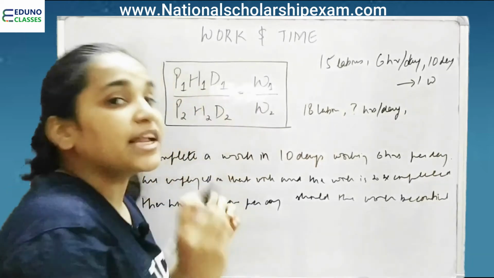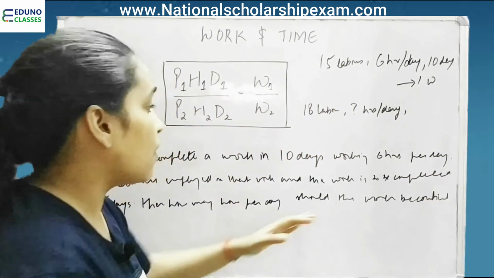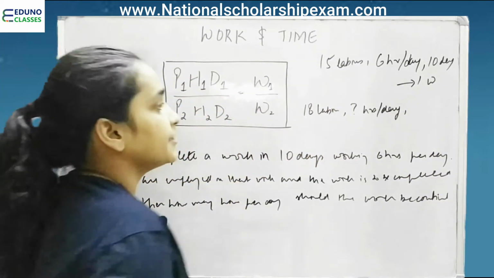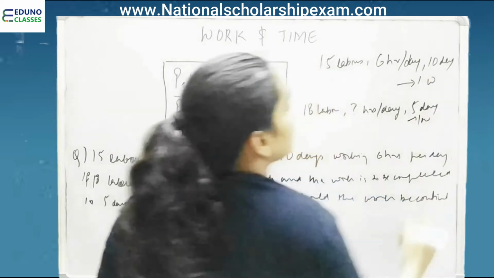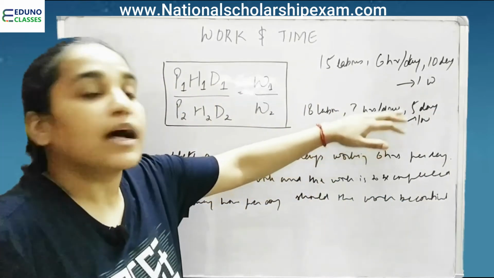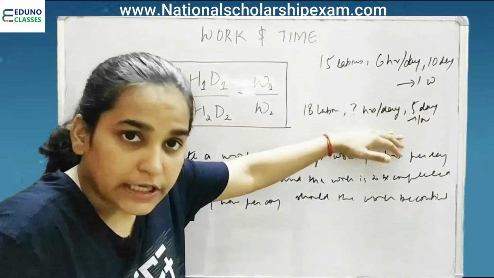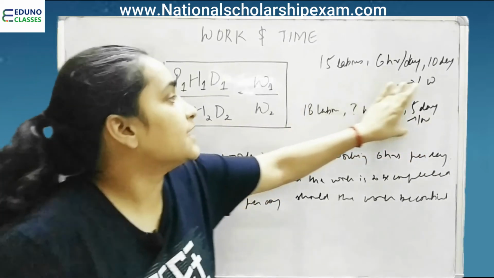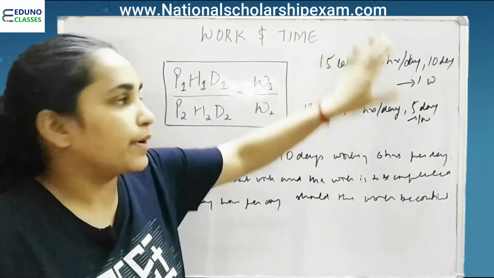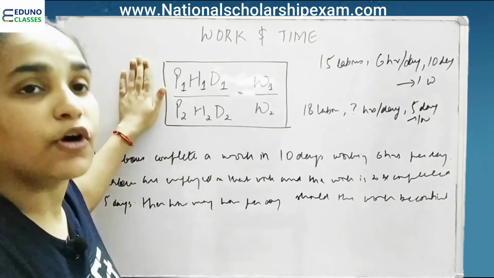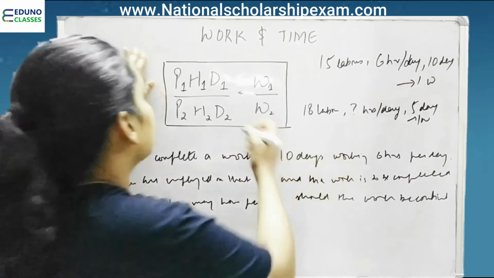But the same amount of work has to be completed now in 5 days. So what will be the hours per day to be worked so that this condition is satisfied? And this is the hint given to you in the question. Now can we use this formula to solve this question, right?